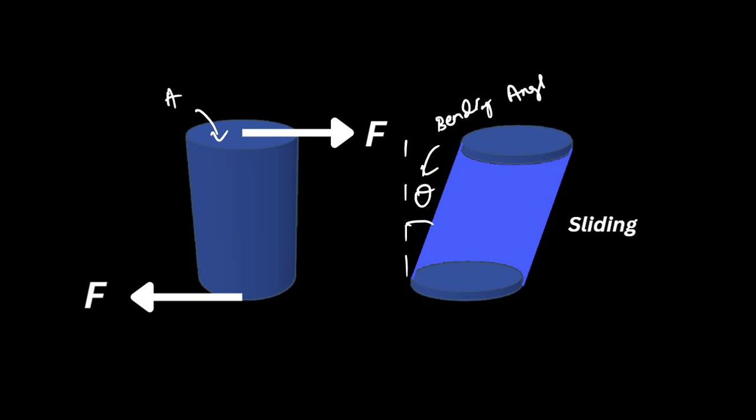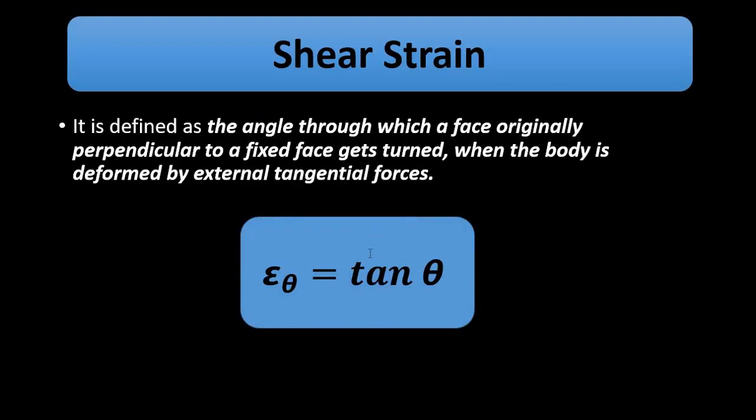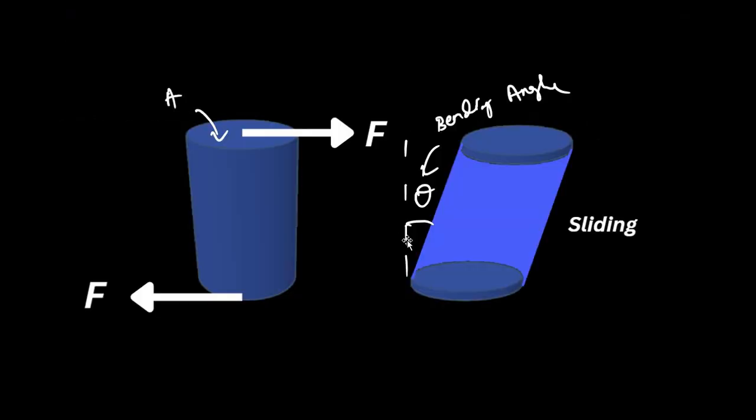We are interested in establishing a relationship between the externally applied stress and the extent of the bending angle. So here the shear strain is basically the tan of this bending angle.